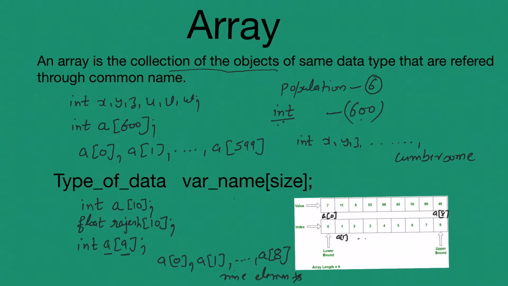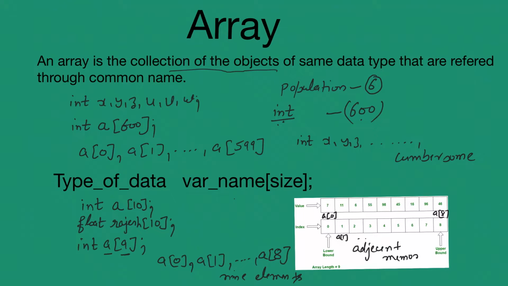So we must take care of the first element. The first element of the array starts with a0 and it ends with size 9 minus 1, that is 8. So a8 is the last element. This is the memory location for a0, a1, a2, a3, a4, a5, a6, a7, a8. So adjacent memory locations are provided by the compiler to the array elements.